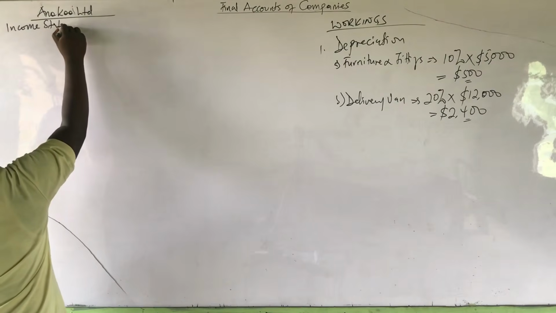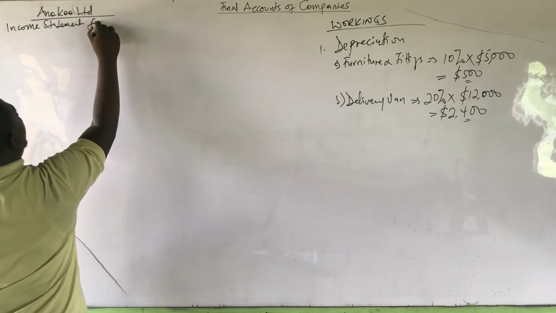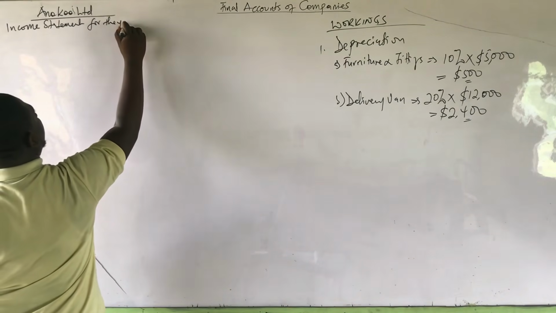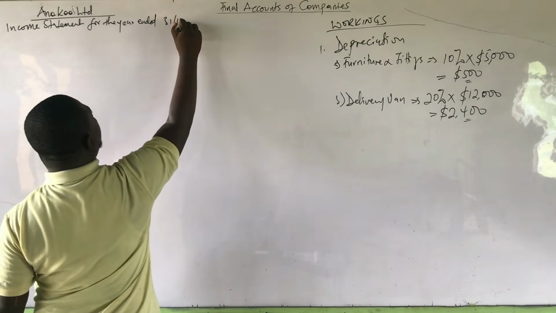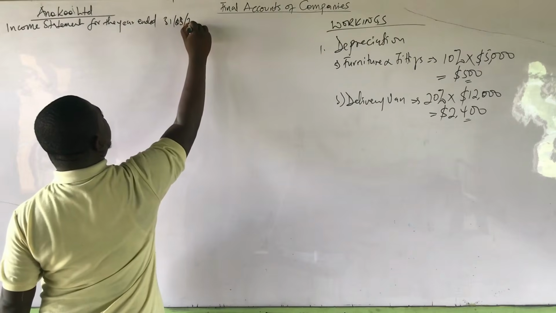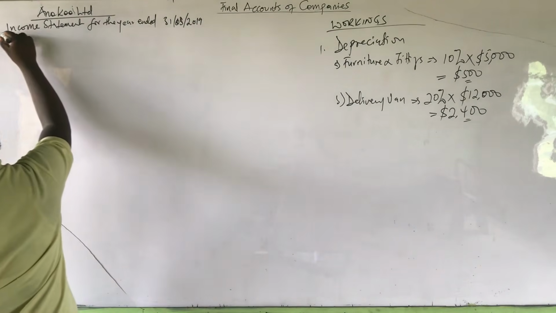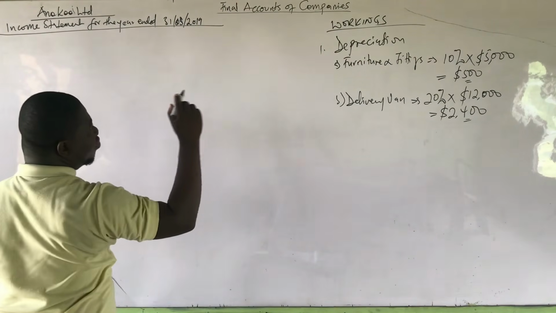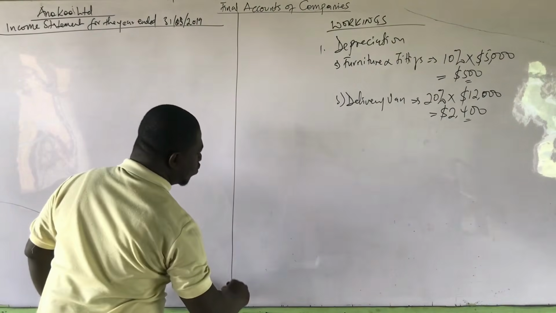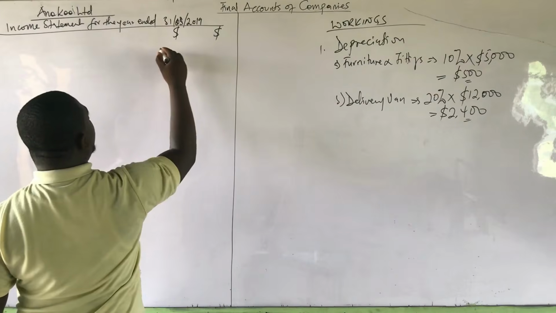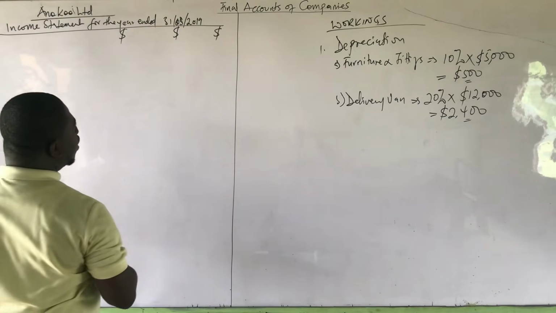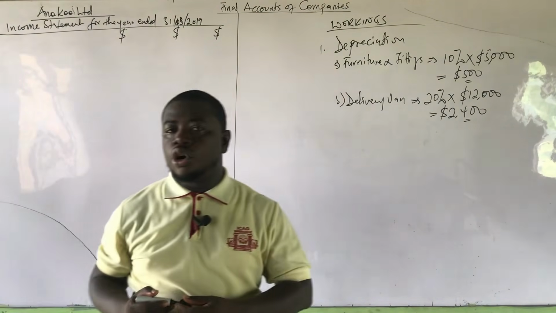Income statement for the year ended 31st March 2019. So I'll show my three currency signs, and then we are going to go according to the normal format.